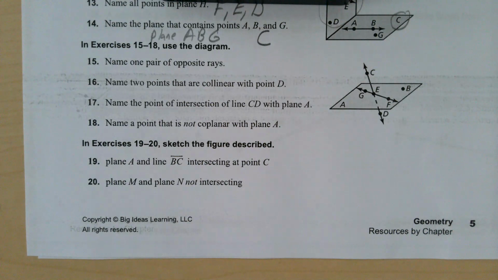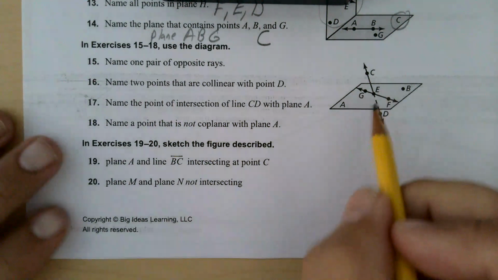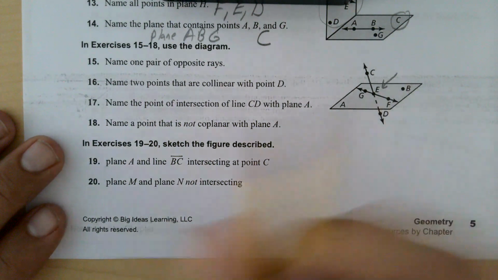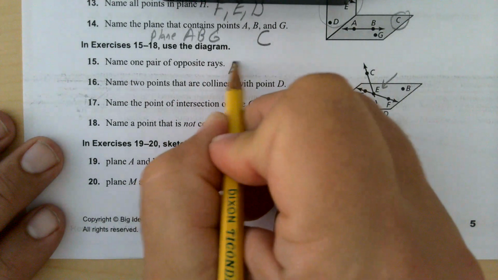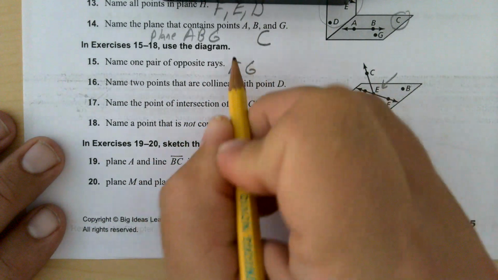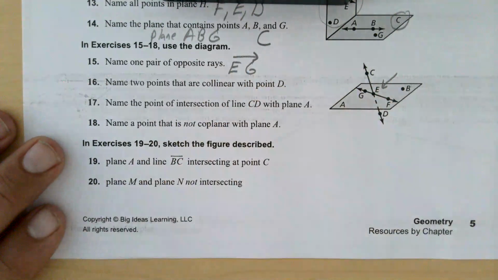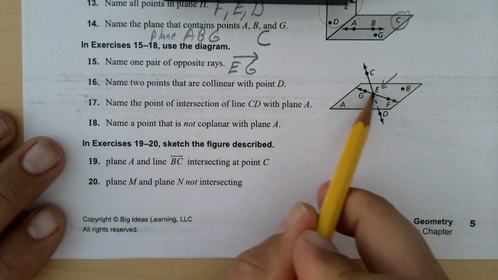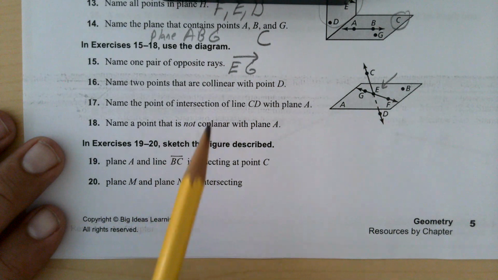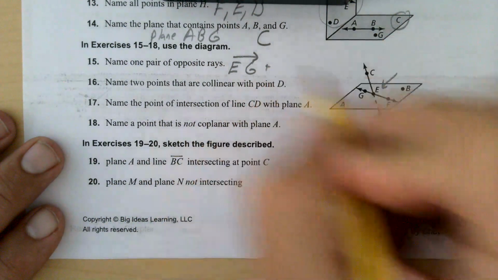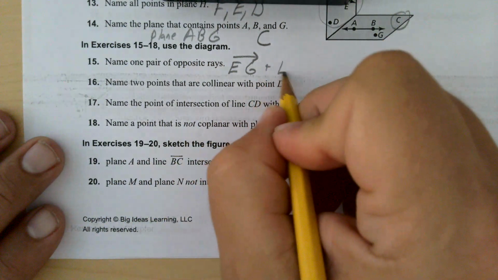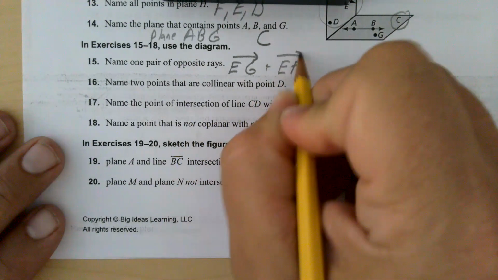Okay, now make sure, some people struggled with this idea of opposite rays. Okay, when we name a ray, order matters. Okay, a ray has a starting point. So if I look here, this starting point of E, I can say ray EG. Okay, now put the symbol for ray. It starts with point E and goes through G. So ray EG and EF are opposite of each other.